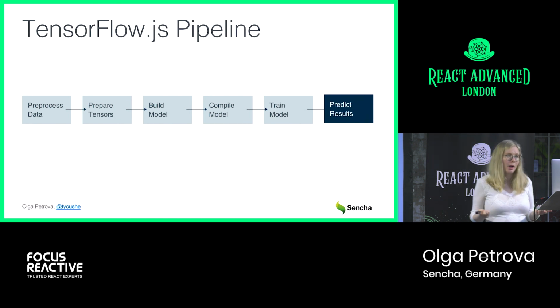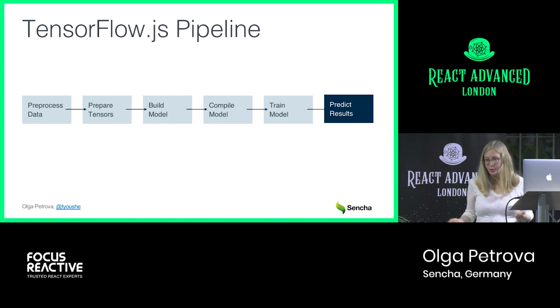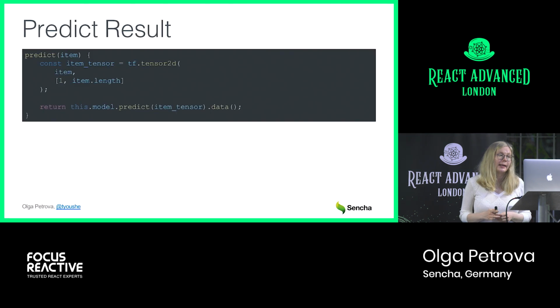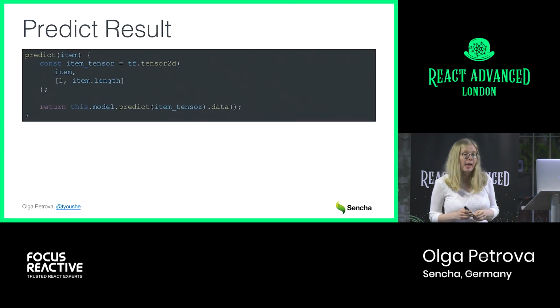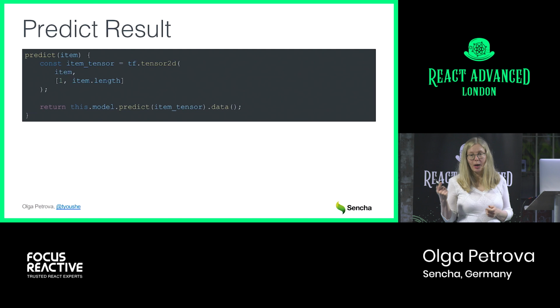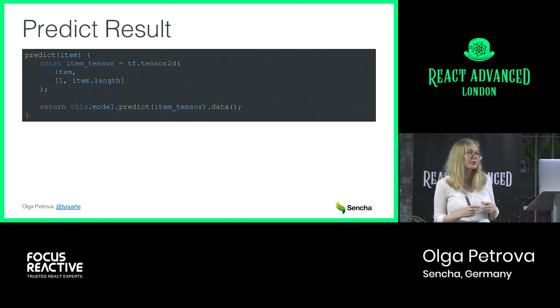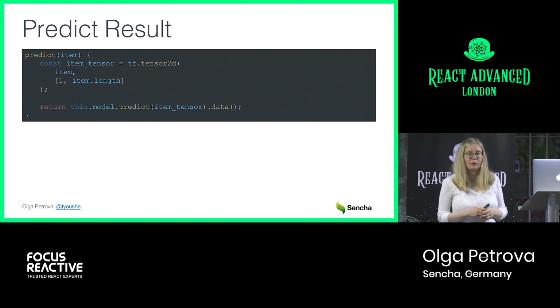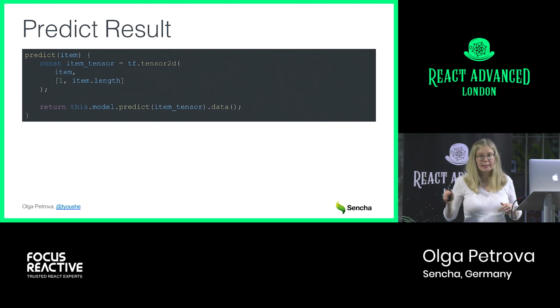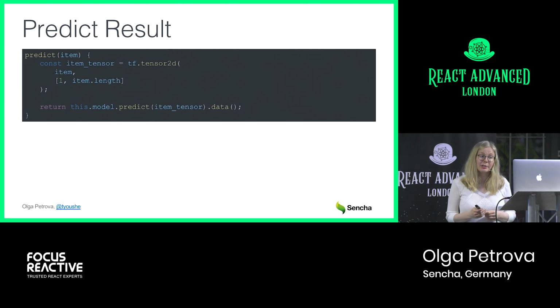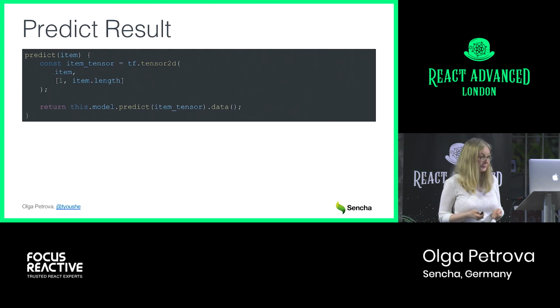Once the model is trained, once the training process is finished, I can predict results. To predict the result of one single game, I just create a tensor using values for this game, like all features of this game, and I send, of course, a shape of the tensor, and I use the model.predict method, send this tensor as a parameter, and read results.